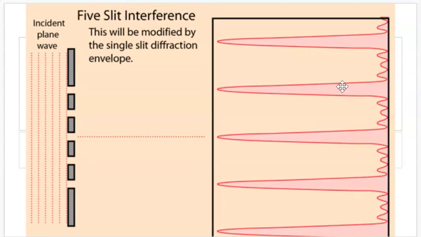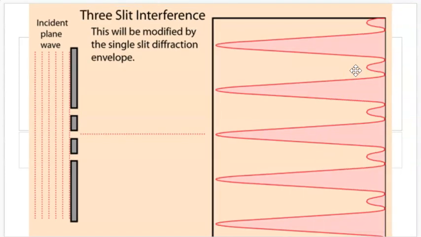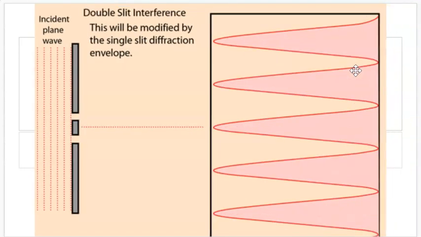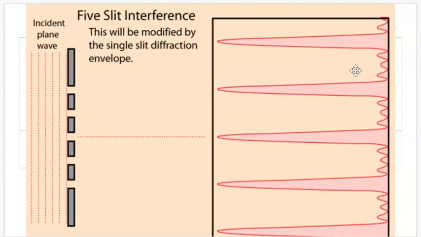If I go all the way to 5, we really see a big gap here, and look at these secondary maximums: now there are 3 of them. When there were 4 openings, there were 2. When there were 3, there was 1. When there were 2, there were none. So the pattern is quite nice: the number of secondary maximums is always 2 less than the number of openings. Here we have 5 openings and 3 secondary maximums.